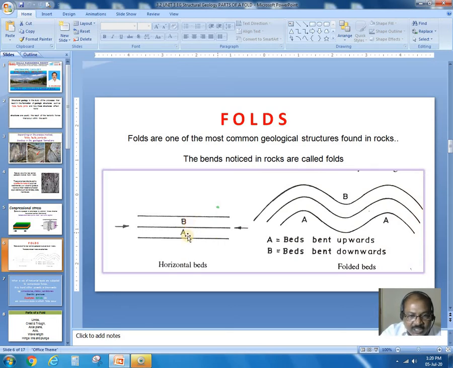When these formations are subjected to compressional forces, we can see some bends in the rocks. This is one bend, this is another bend. A bends upwards, whereas B bends downwards. Whatever bends we notice in the rocks are called folds.